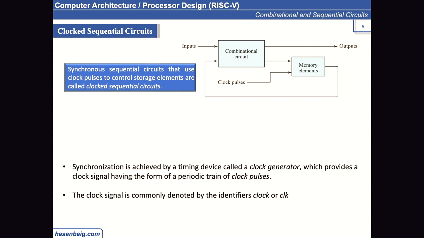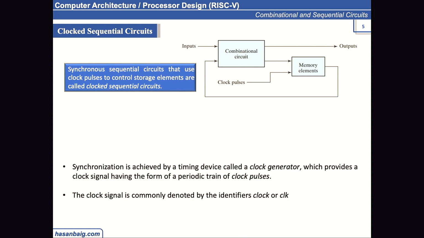Have you ever tried monitoring your activity, let me give you a very silly example here, based on your breath cycle, the number of times you are breathing, like inhale and exhale? Have you ever tried monitoring your progress based on, oh, I was able to complete a certain question within 10 breath cycles?